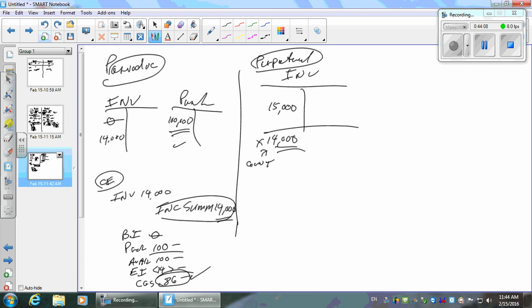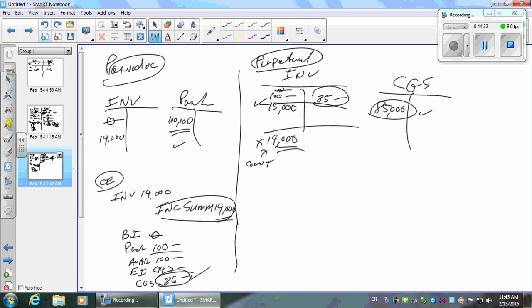All right, on the perpetual I'll know though. How will I know? I've got 15 in the inventory account. Cost of goods sold was 85, wasn't it? The way I got that was I started with nothing, I bought 100, I sold 85, and that's how I got the 15 in there. So I know cost of goods sold is 85, so what's the other 1,000 that's coming out of here?